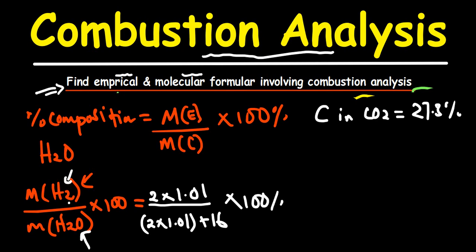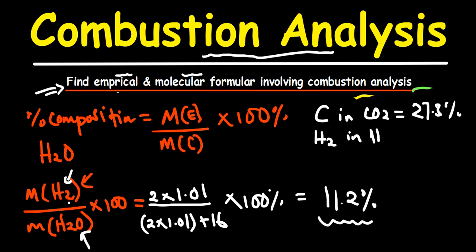So what are we going to get? You punch this on your calculator. To 3 significant figures, I'm getting 11.2%. So it means in any amount of water that you can get, 11.2% will be the mass of what? Hydrogen. So I'm going to say hydrogen in water is just equal to what?